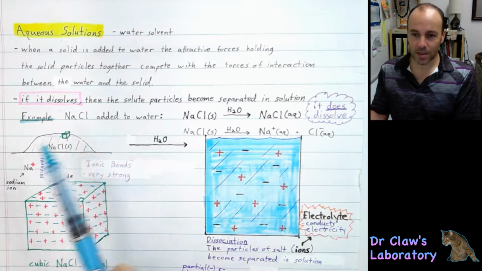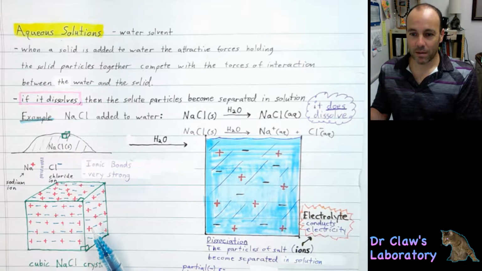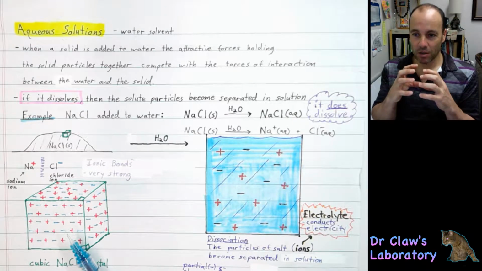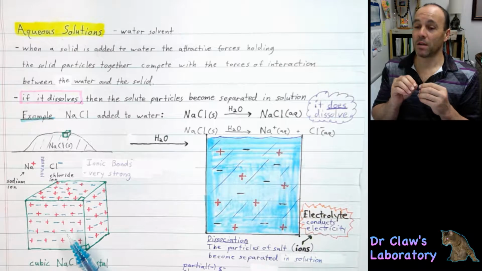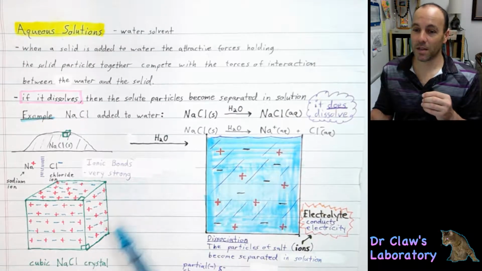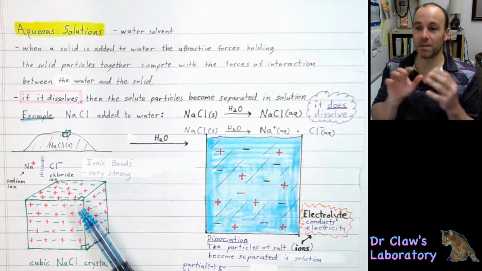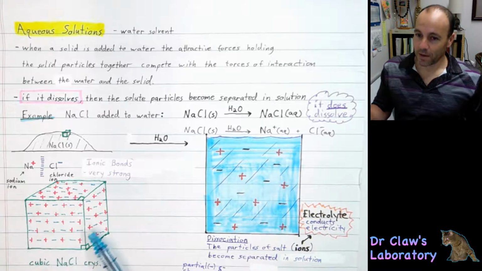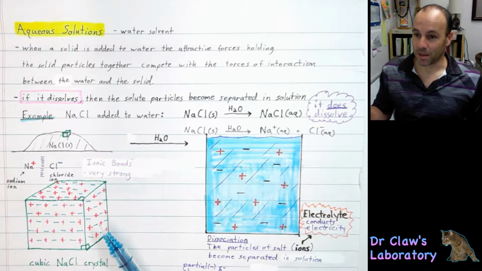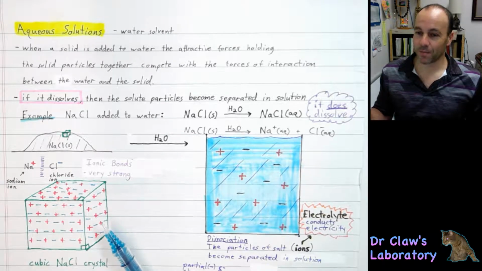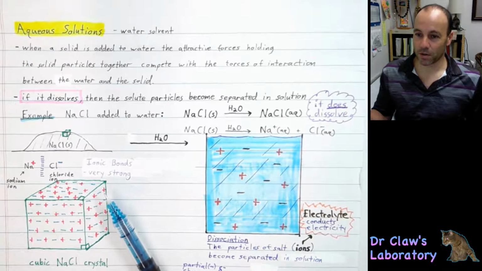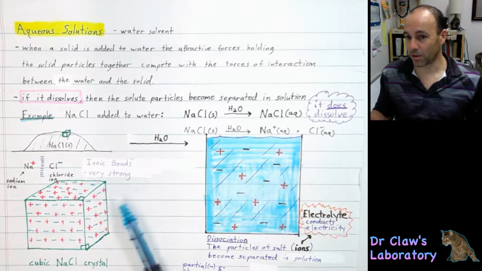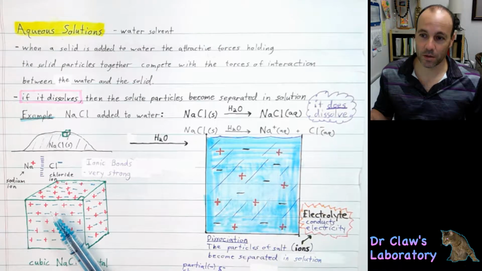So how is it that this structure that's held together through very strong interactions is able to dissolve in water? Because as soon as it does, all of these ions become separated from one another. Well, the water is able to rip it apart, basically, because the interactions of the solute particles with the water are stronger than the interactions of the solute particles themselves.